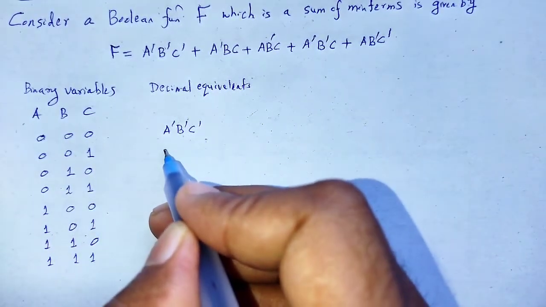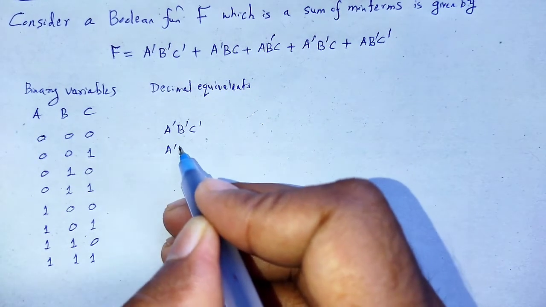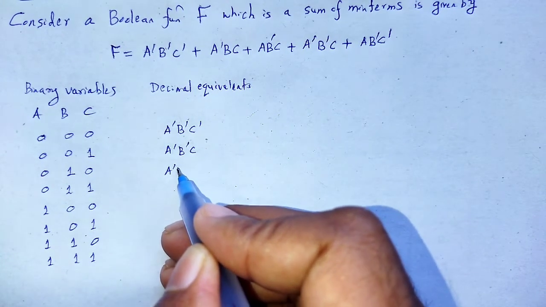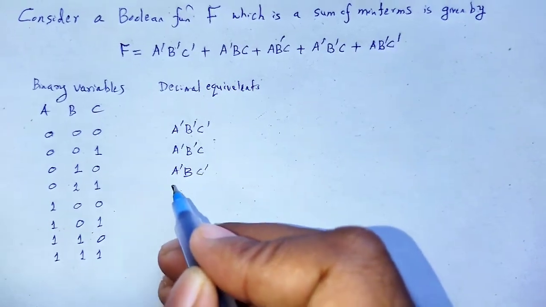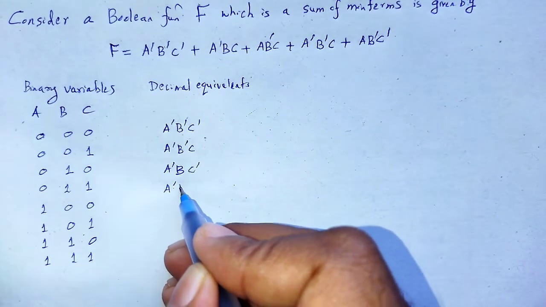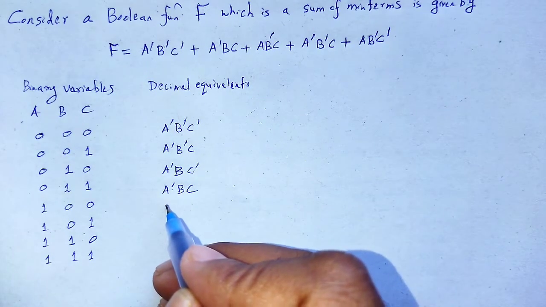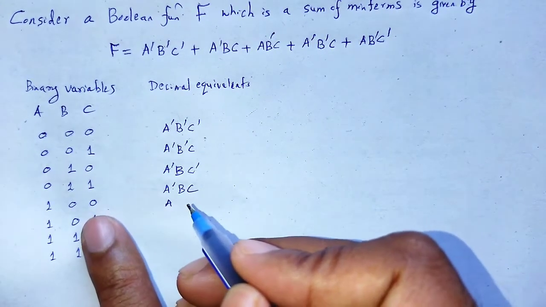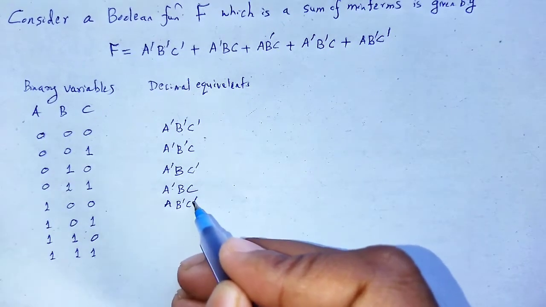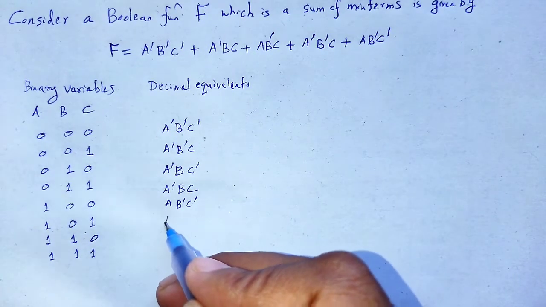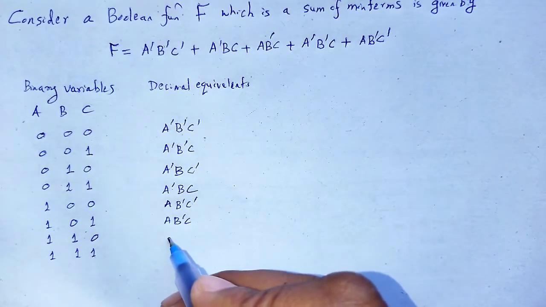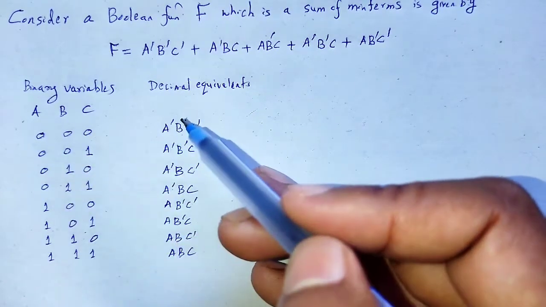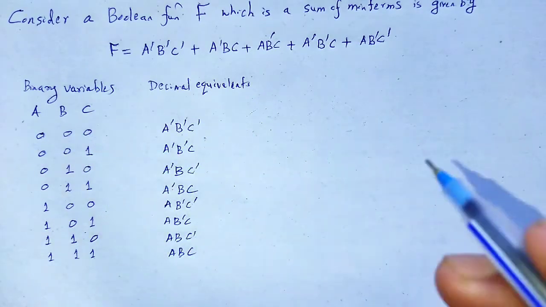For 1, that is A prime, B prime, C. Then A prime, B, C prime; A prime, B, C; A, B prime, C prime; A, B prime, C; A, B, C prime; A, B, C. For 0 we use prime, for 1 that value.